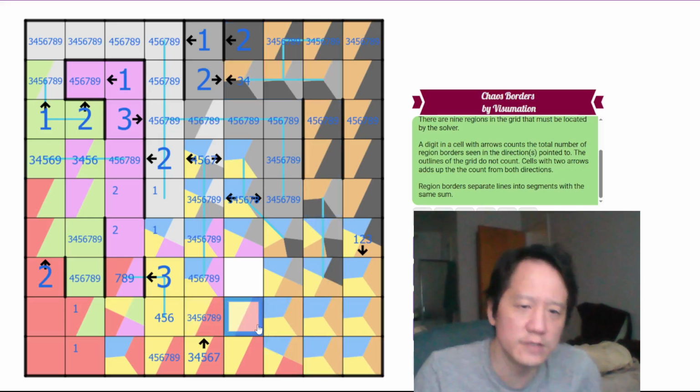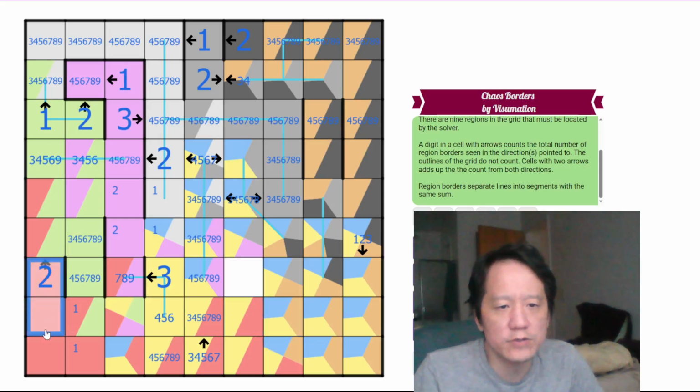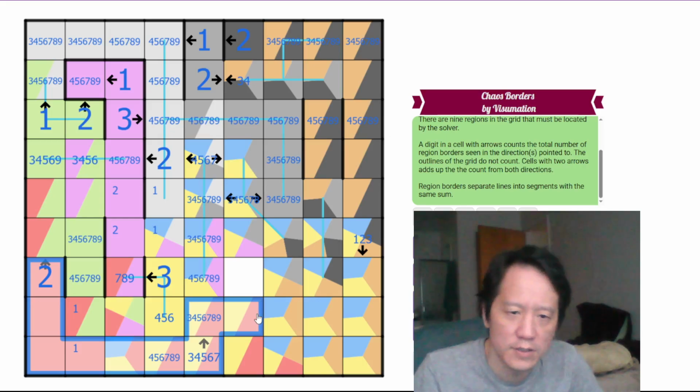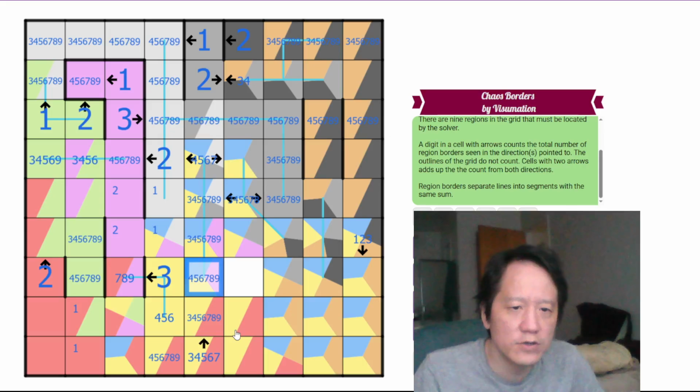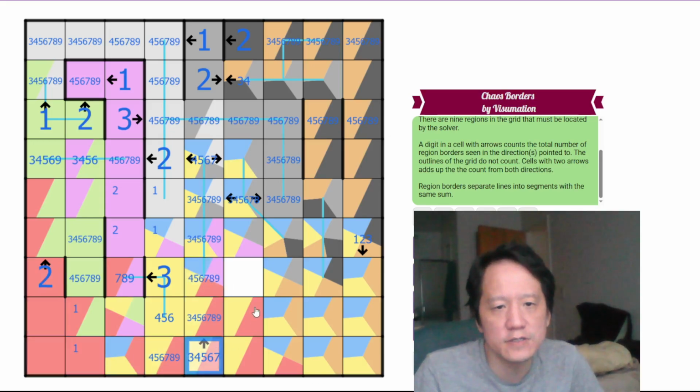Red can extend to these two. Red technically can go 1, 2, 3, 4, 5, 6, 7, 8, 9. So red is only at most here. Red could go here, actually. That's the extent of red. Pink could go to here.